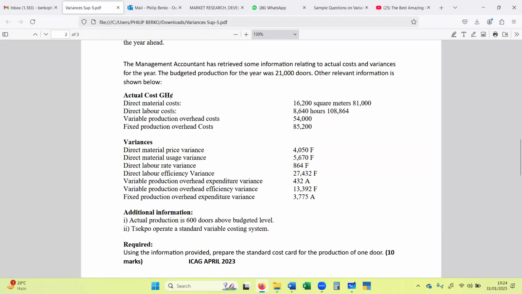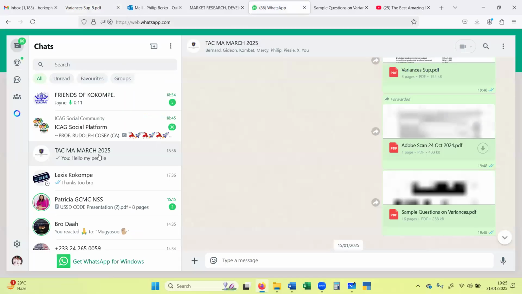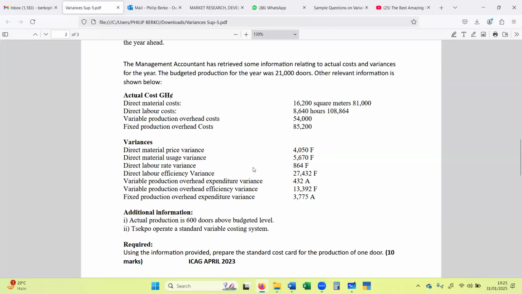This is the actual, and they've given us the variances. The only difference is that the question we solved first started with the variances before the actual, but now they've turned it actuals first before the variances. So as simple as that. Please go and try it.